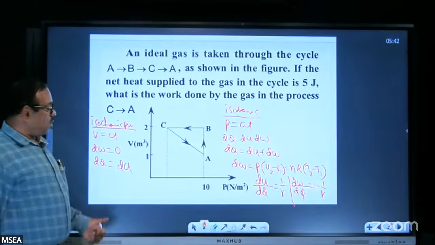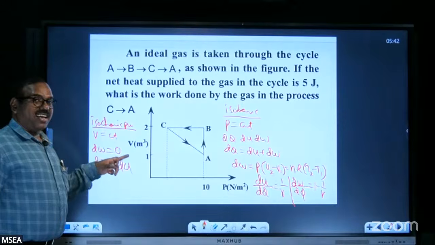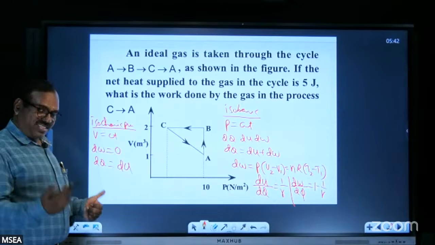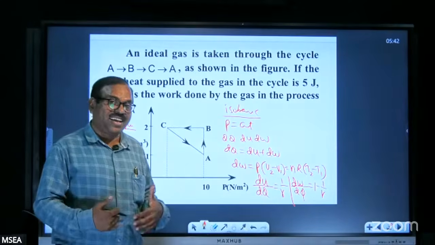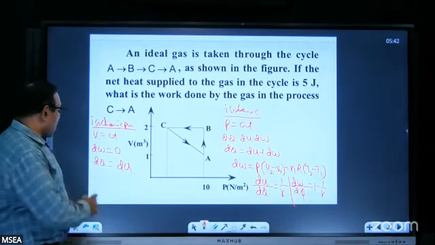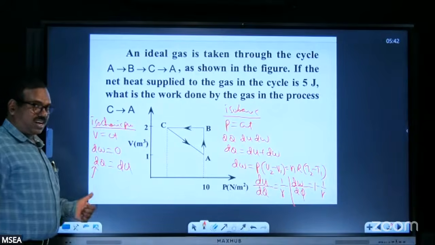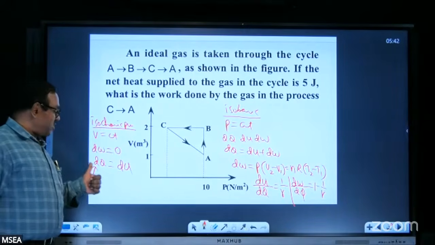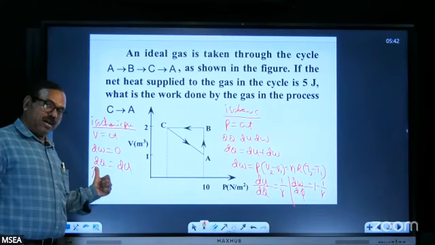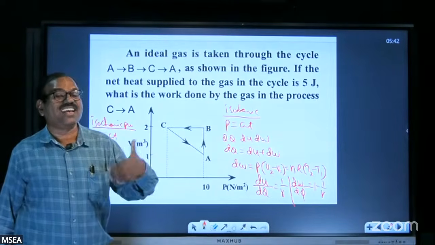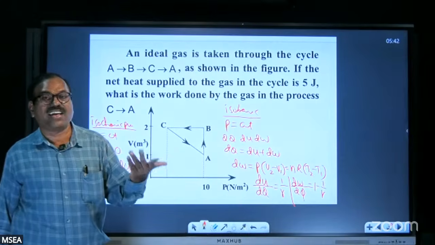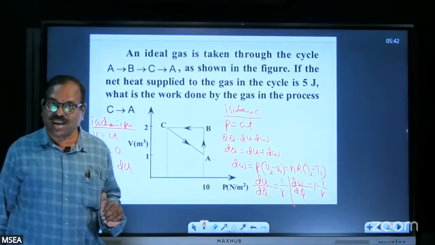So when temperature increases, an amount of heat is given to the system. If the amount of heat is given to the system, dq becomes positive. Once dq is positive, du becomes positive. du positive means increase in internal energy, or its temperature increases if you give heat to the system.